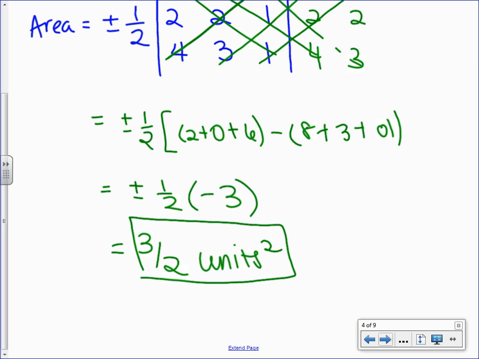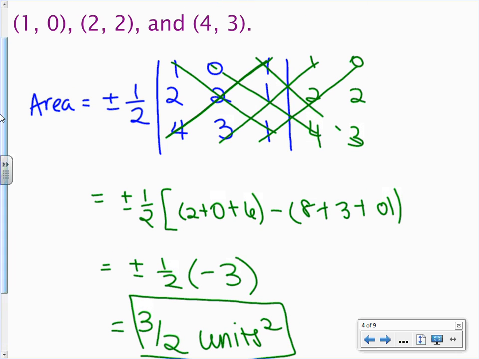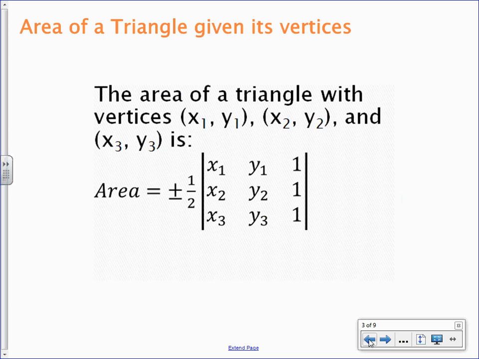Okay. Now, I want to go back to this. This is the area of a triangle, correct? Does anybody have an idea of what it would mean if this determinant would end up being 0? Any ideas?